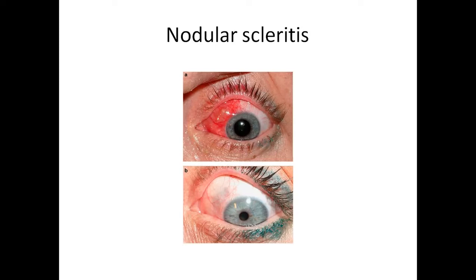When the sclera thins out, the ciliary body will start prolapsing from the thinned out sclera, then it is known as ciliary staphyloma. So every attack of scleritis will make the sclera thin, and the ciliary body and uveal tissue will be seen through the thinned out sclera.